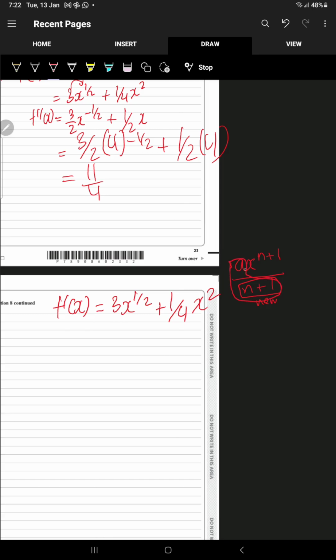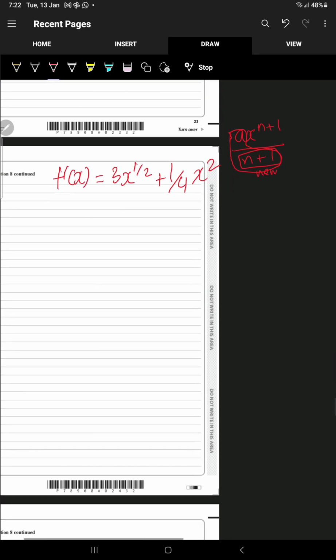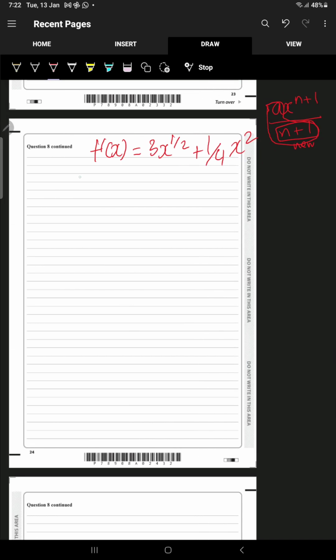So f of x is now going to be 3x to the power of a half plus 1, plus 1 over 4x to the power of 2 plus 1, and make sure you don't forget plus c.